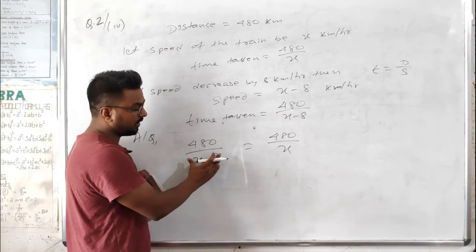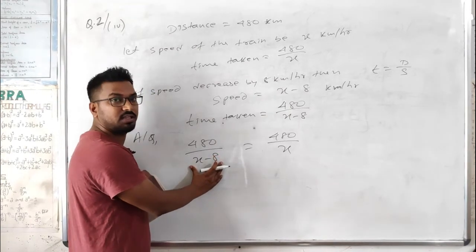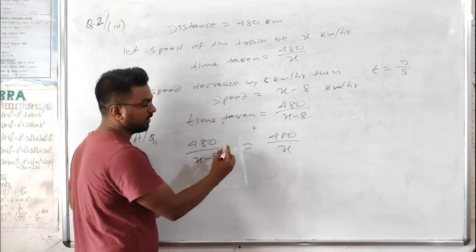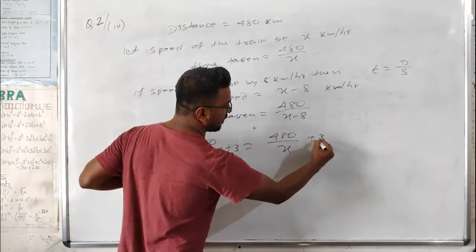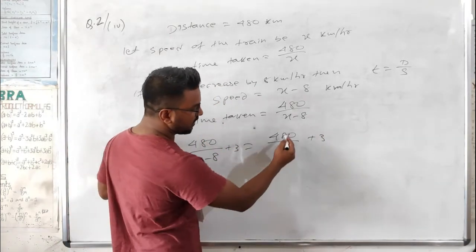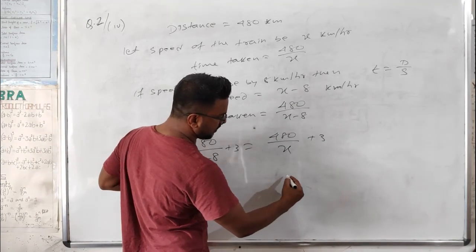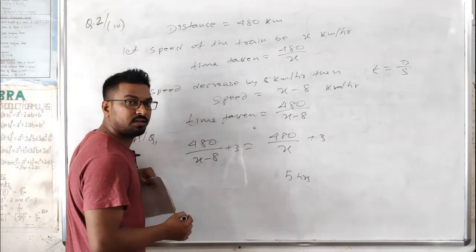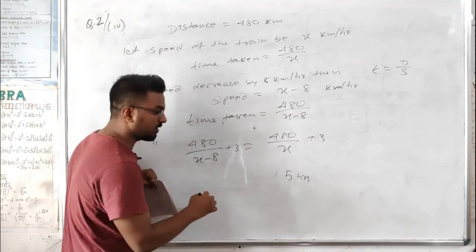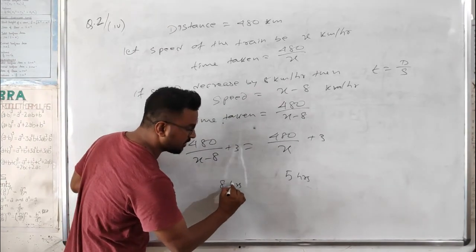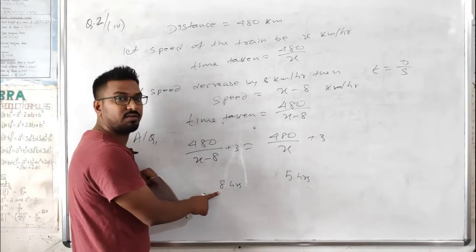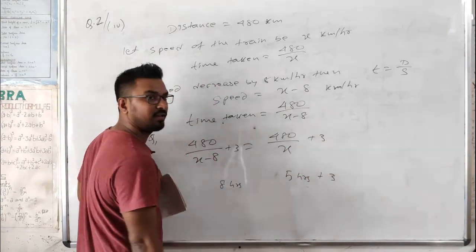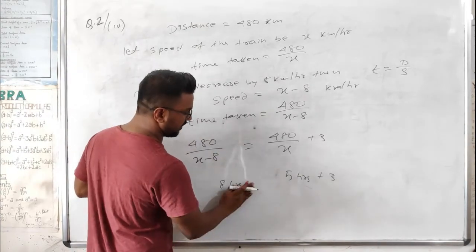Now it is saying if it decreased, then it will take 3 hours more, right? So where we have to add 3? Here or here? See, suppose initially it took 5 hours. Now when the speed decreases, it takes how many hours? 8 hours. 3 hours more, right? So you have to add 3 on the right hand side. Then only it will be equal, right? So we'll put it on the right hand side.